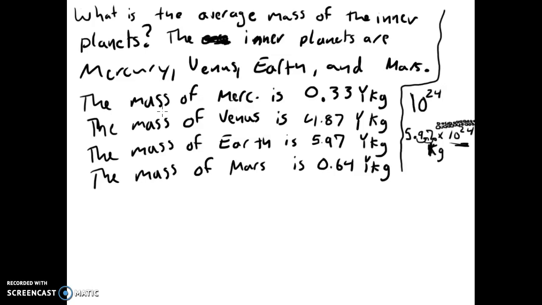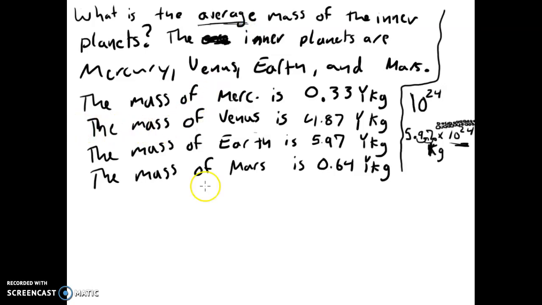And the mass of Mars is 0.64 yotta kilograms. So this question is obviously related to physics. We're talking about the mass of all these planets, but in order to solve it, we really only need to know how to solve for an average. So we're really asking a mathematical question here.